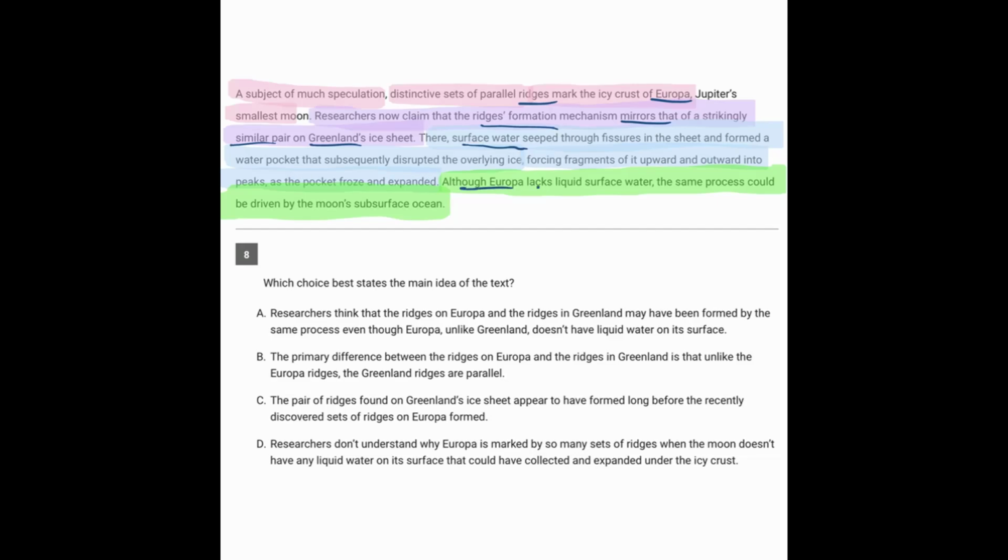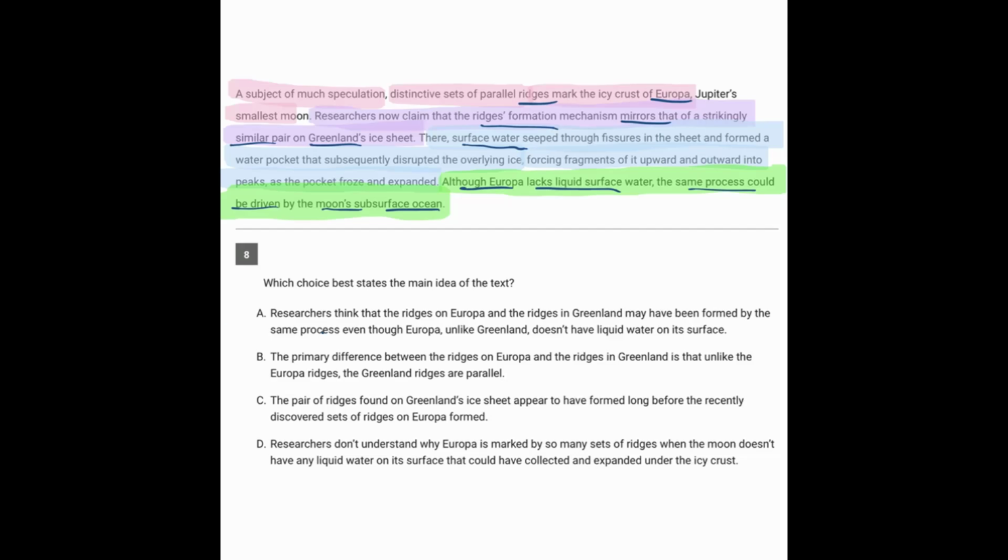And although Europa lacks water, the same process could be driven by the moon's subsurface ocean. So although that moon doesn't have surface water, it has a subsurface ocean, and that could be responsible for the ridges. So the main idea is that we have a possible source of the ridges on Europa.